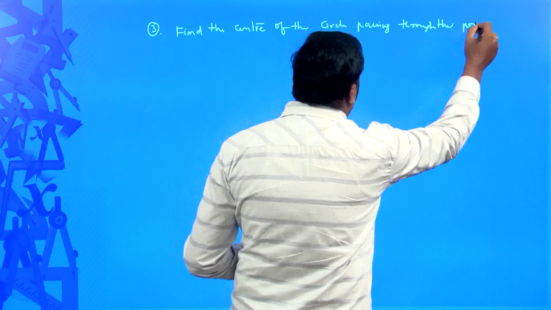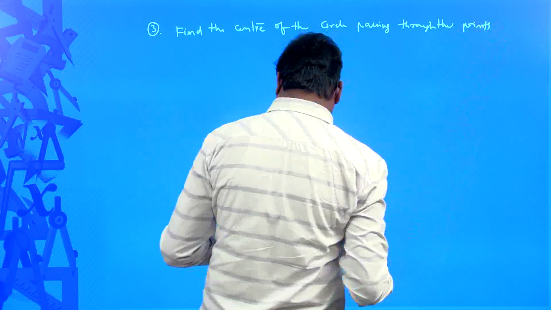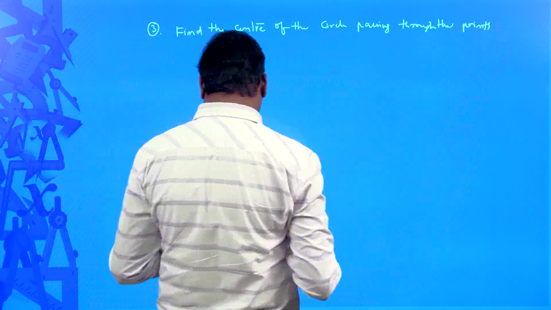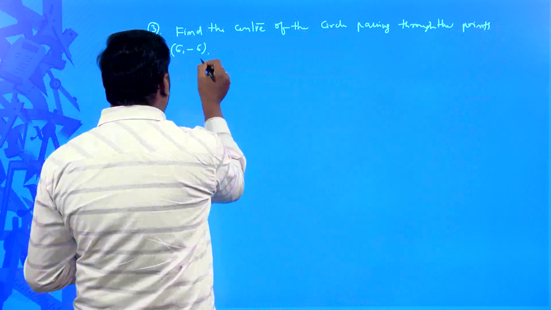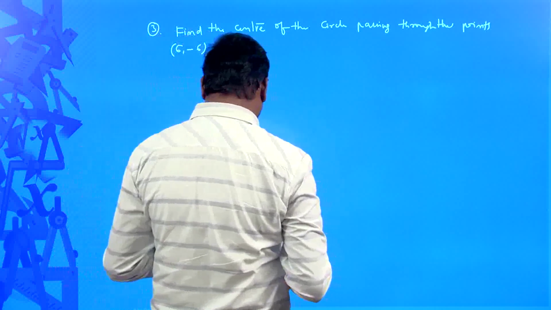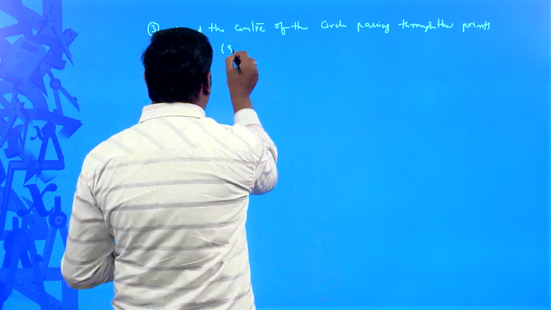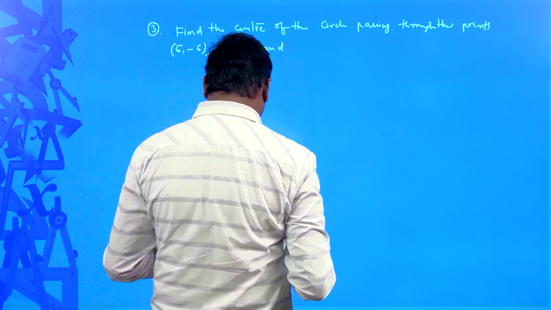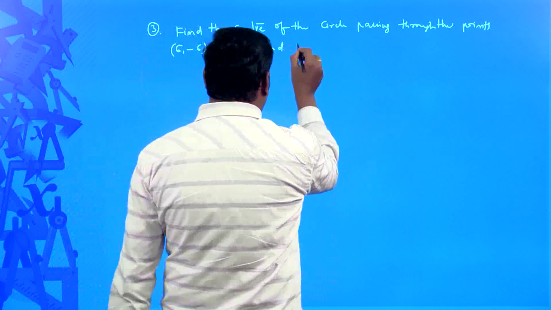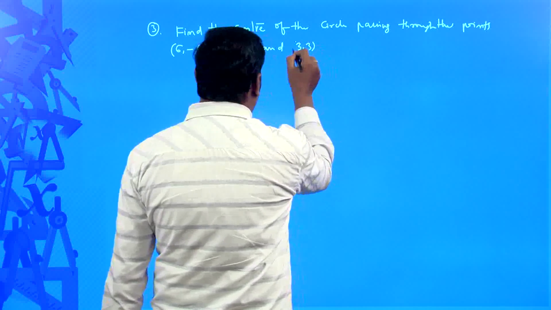The points given here are: the first point is 6 comma minus 6, the second point is 3 comma minus 7, and the third point is 3 comma 3.